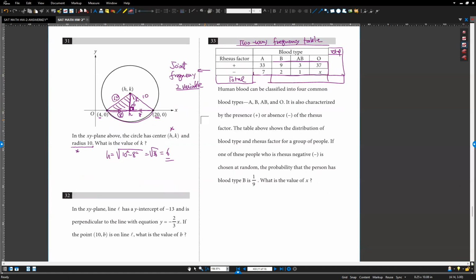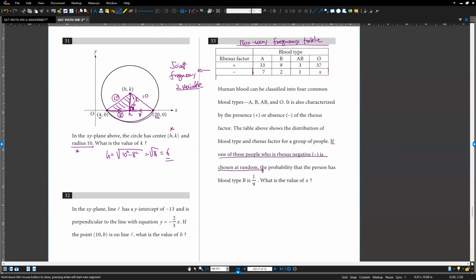So that just explains it, I think, as you go down over here. If one of these people who is Rh negative is chosen, we're going to choose one person out of the Rh minus only. Where is Rh minus only?